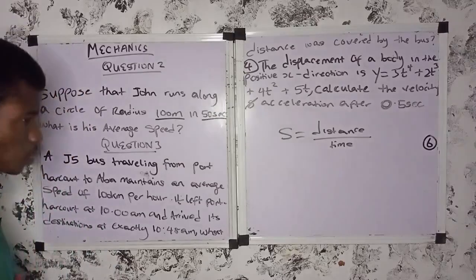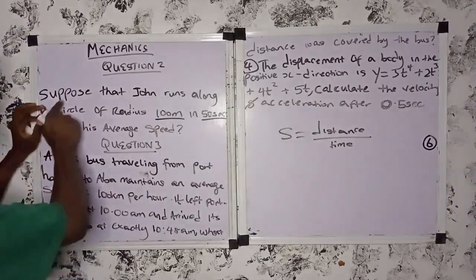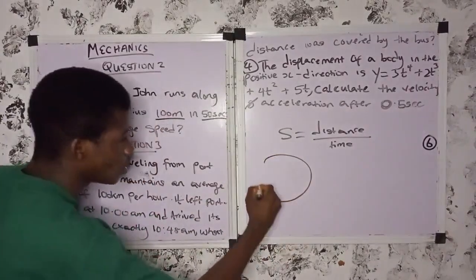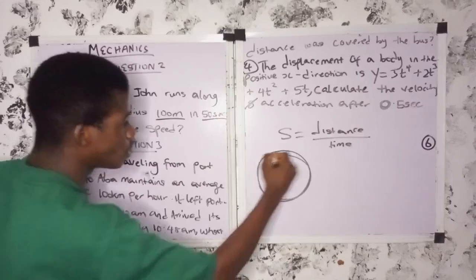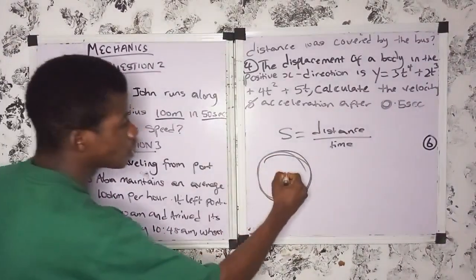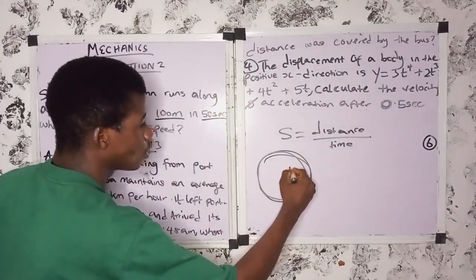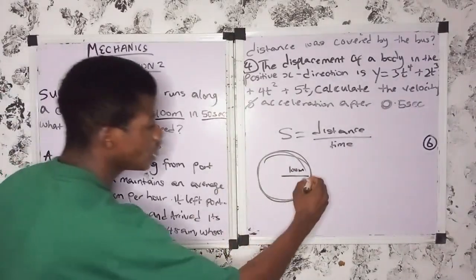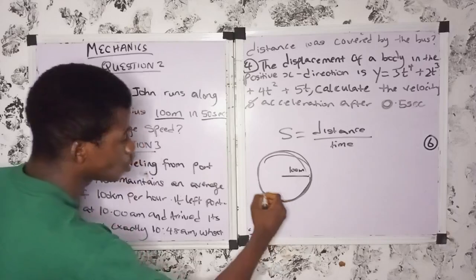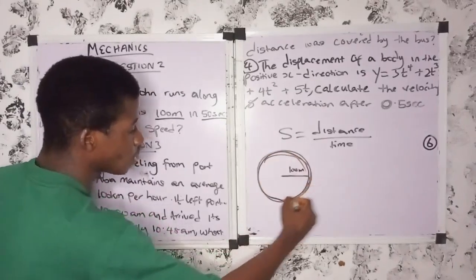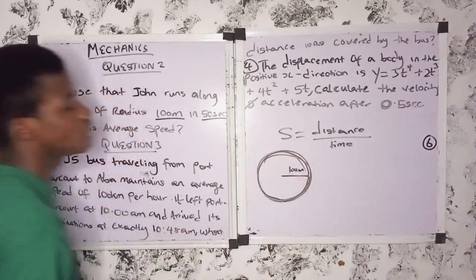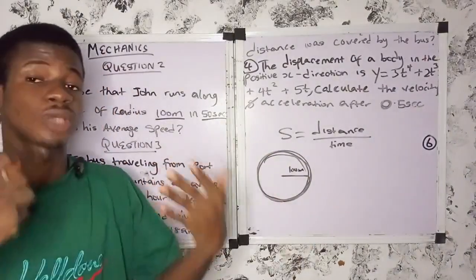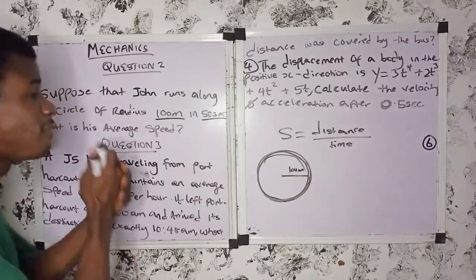John runs along a circle of radius 100 meters, and it takes 50 seconds for John to run around the circle. They are telling us to calculate the average speed.